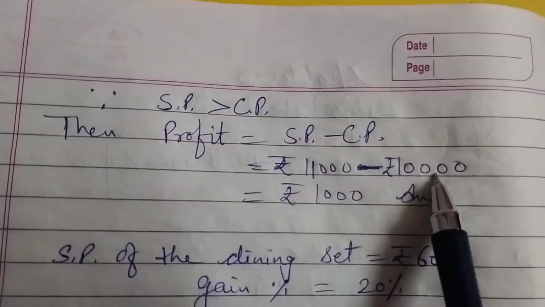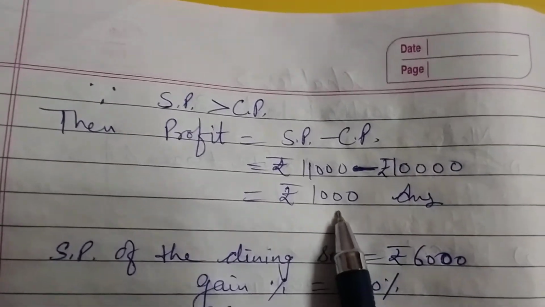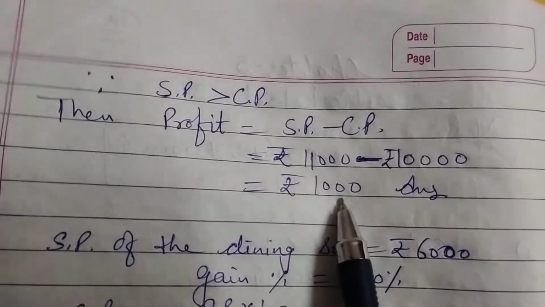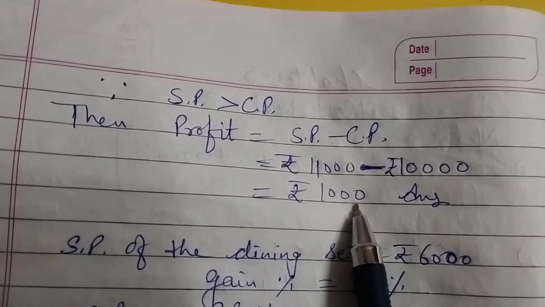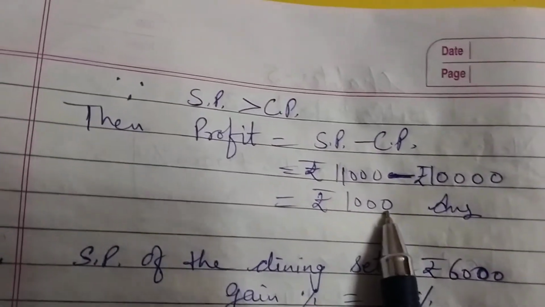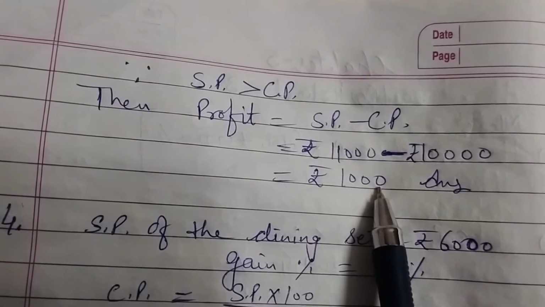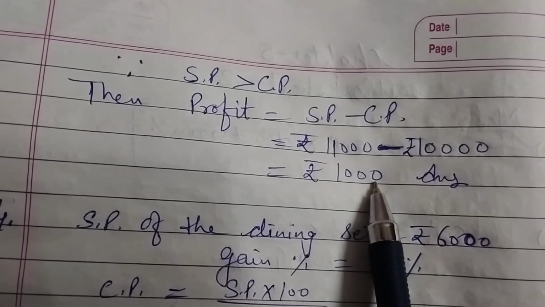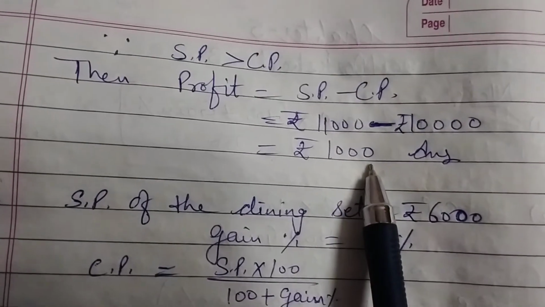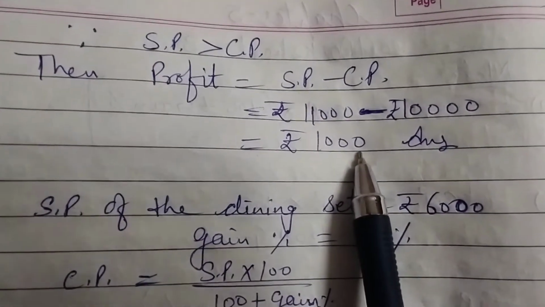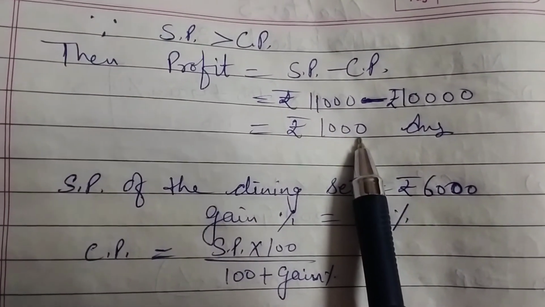After subtracting 11,000 minus 10,000, it means he has the profit of 1,000 rupees. In this way you can do this question. Now question number 3, you can do easily with the help of these formulas. Directly you will put the values in the formulas and you can find the answer.